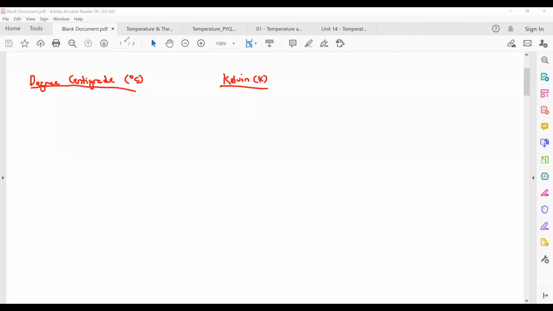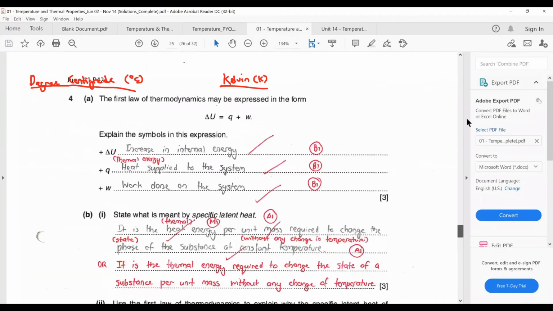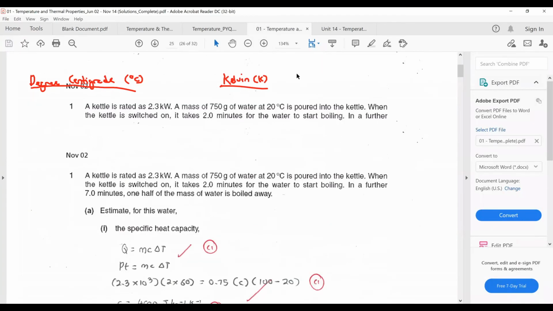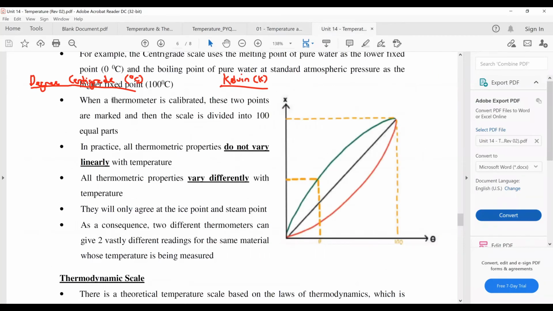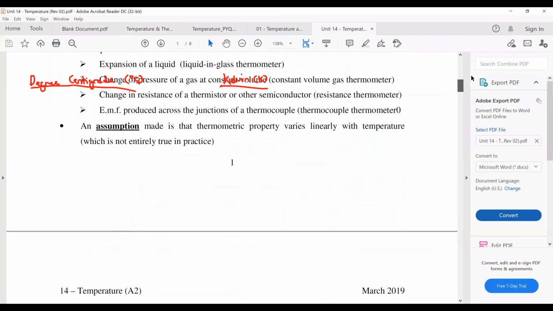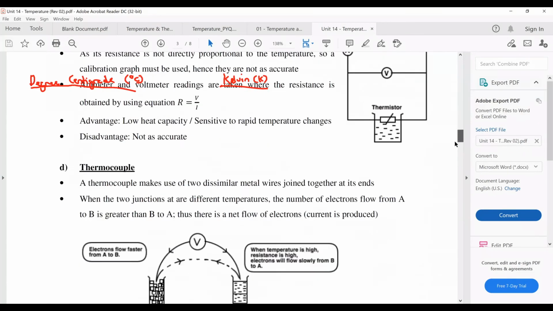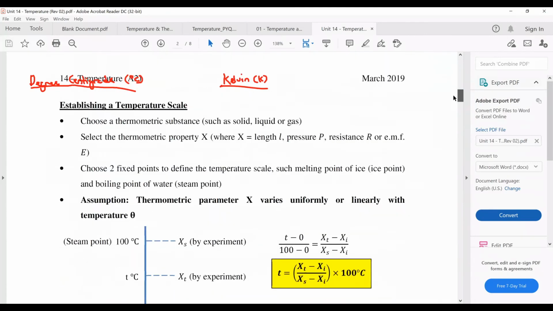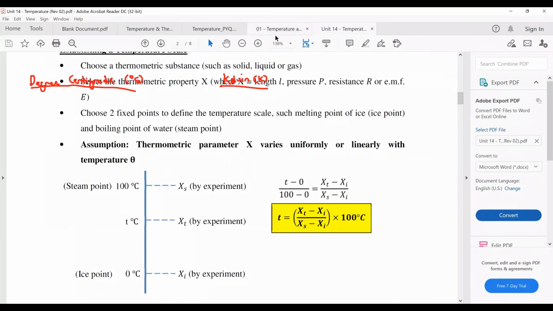Now, the one where you're talking about degree centigrade just now, I did mention a little how it's determined, right? It's determined based on this page here, page 2.